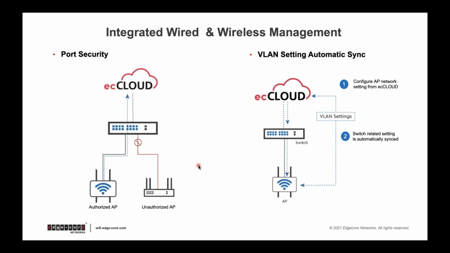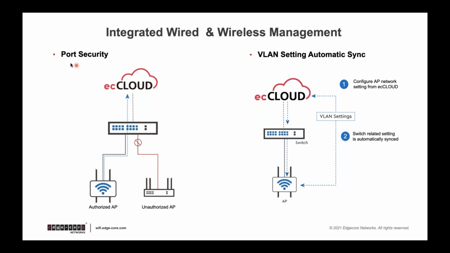Okay, in the following pages, we will share some advanced features that ecCLOUD can provide. The first one is the wired and wireless management integration. Because ecCLOUD can manage the switch and the APs at the same time, we provide some configuration integration to make the configuration easier.